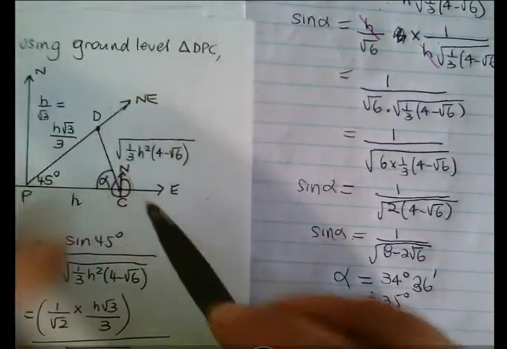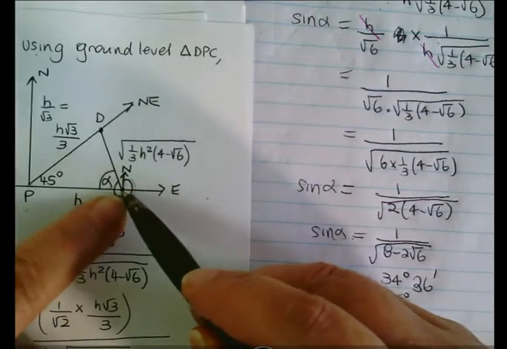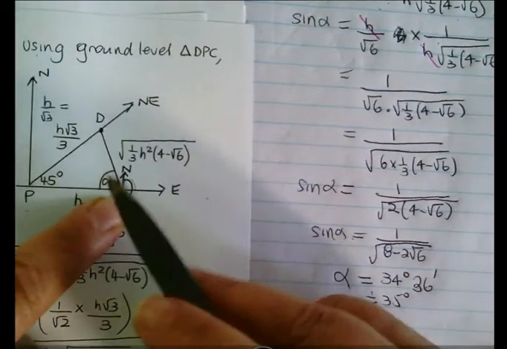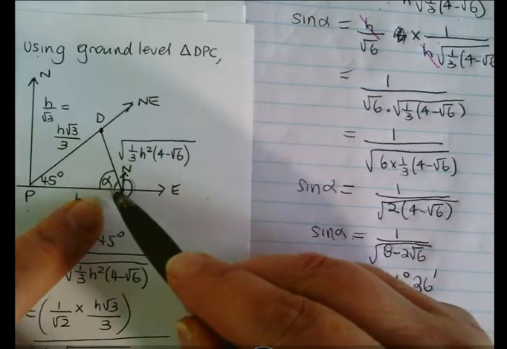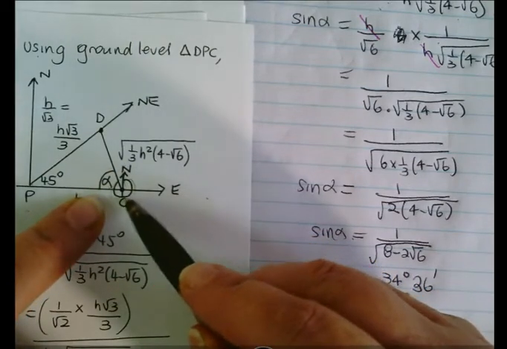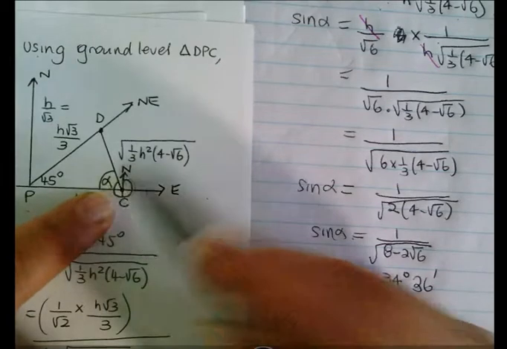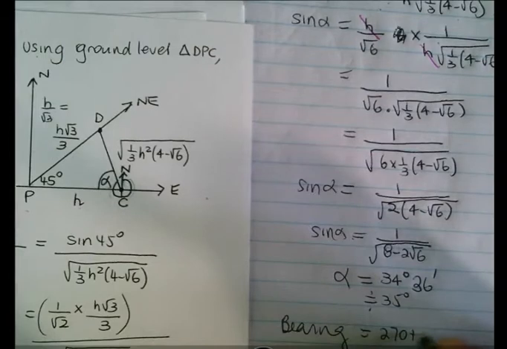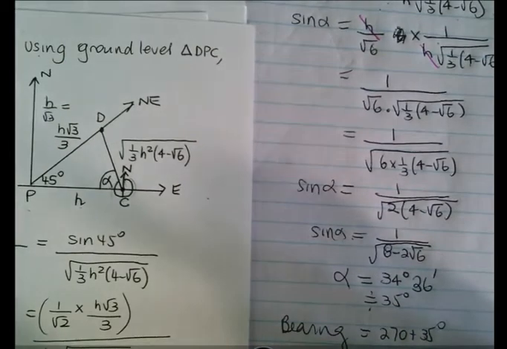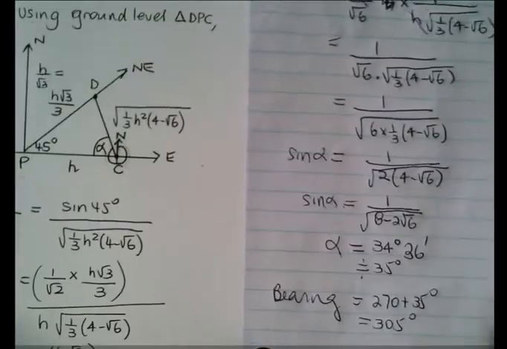We had the lengths on our triangle. If you want the bearing, the plane is flying from C to D, okay? So for the bearing, put a north sign and go clockwise until you find the line that you're looking for. That's 90, 180, it's 270 plus whatever alpha is. Can you see that? So the bearing is 270 plus 35, which is 305 degrees. So a bit of a hard one, that one.